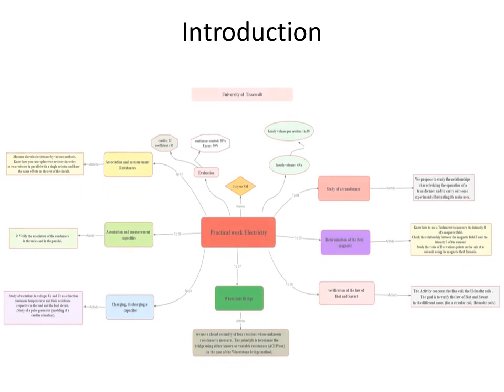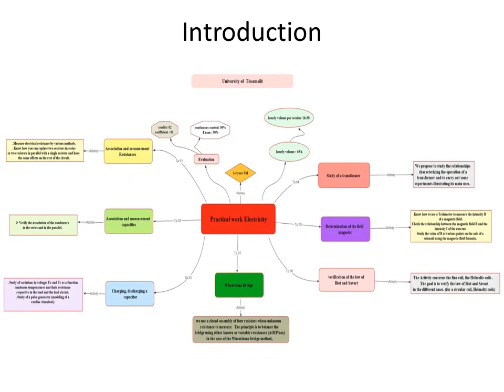The second point is the introduction, and this picture represents the mind map about the practical electrical work. This mind map represents all the information about this module and all the different practical work and their objectives.